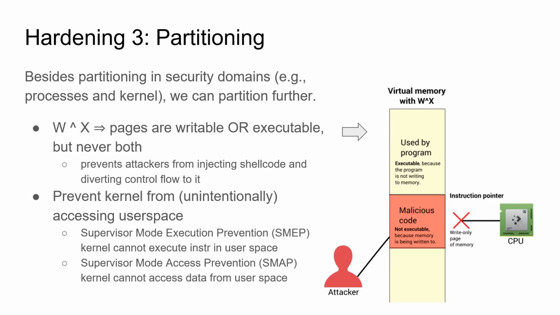That has an advantage because it means that the attacker is not able to inject their own instructions in a program. You cannot overflow a buffer with your own instructions and then modify the return address and have your own instructions executed, because if you have written that data, you cannot execute it. So you enforce data execution prevention, essentially.